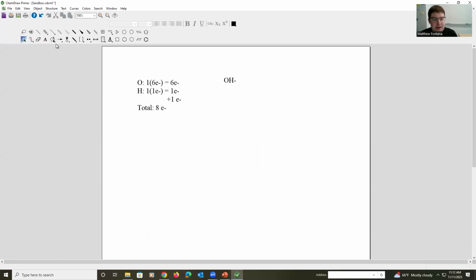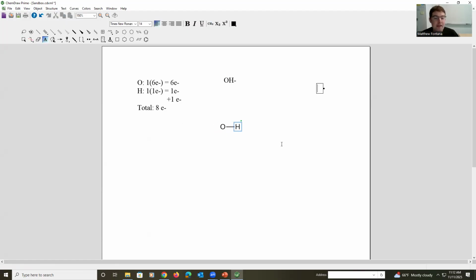The next thing we've got to do is figure out the central atom. Well, we don't really have a central atom because there's only 2 atoms. And so this tells us that oxygen must be bonded to a hydrogen atom. So you're going to get something that looks like this, an oxygen bonded to the hydrogen atom.